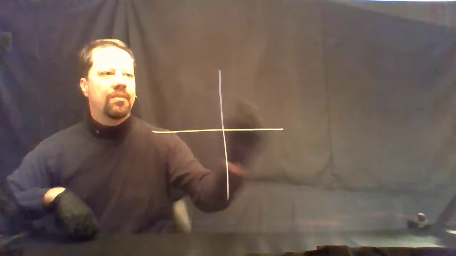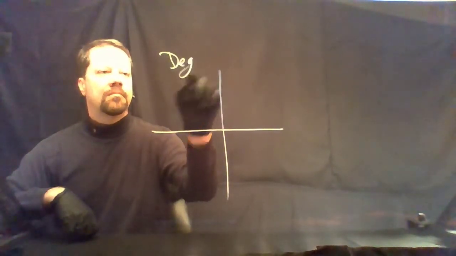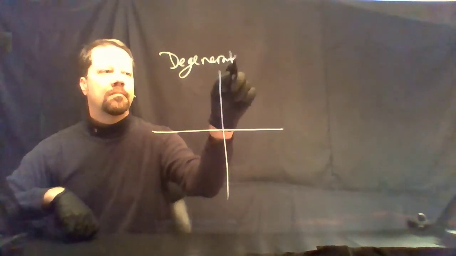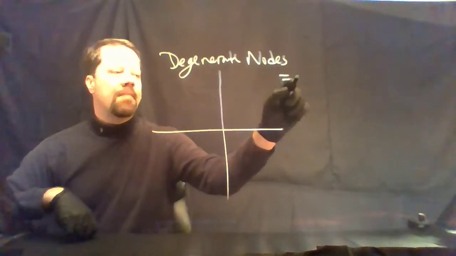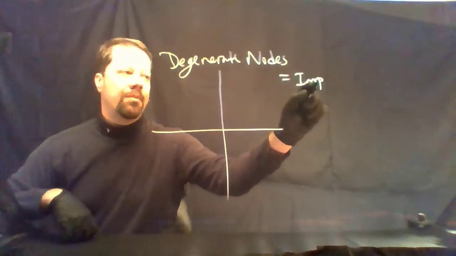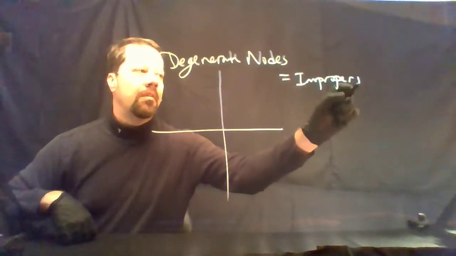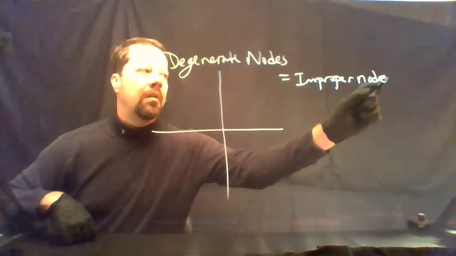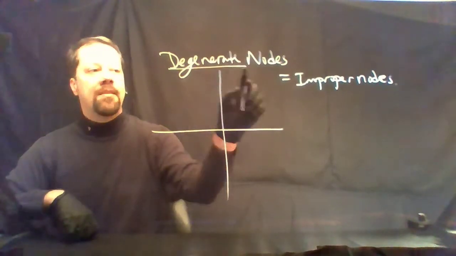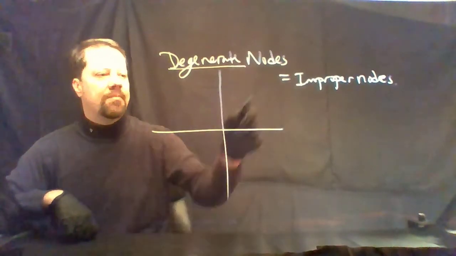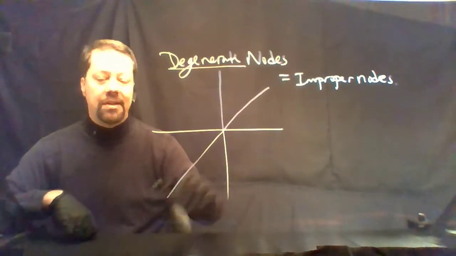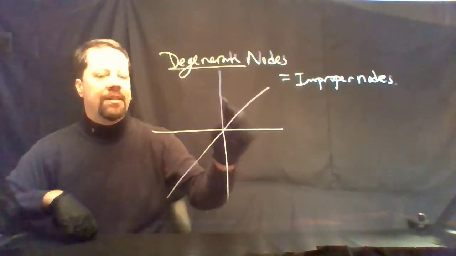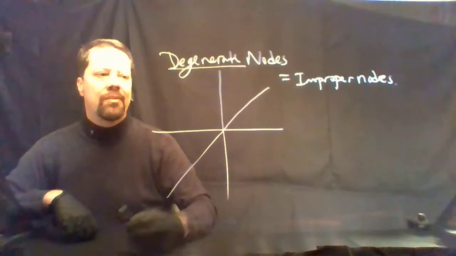Degenerate nodes are the same thing as improper nodes. You'll sometimes see the word degenerate applied to these. Along the eigenvector direction, you may have either exponential growth or decay, but there is no other eigendirection.